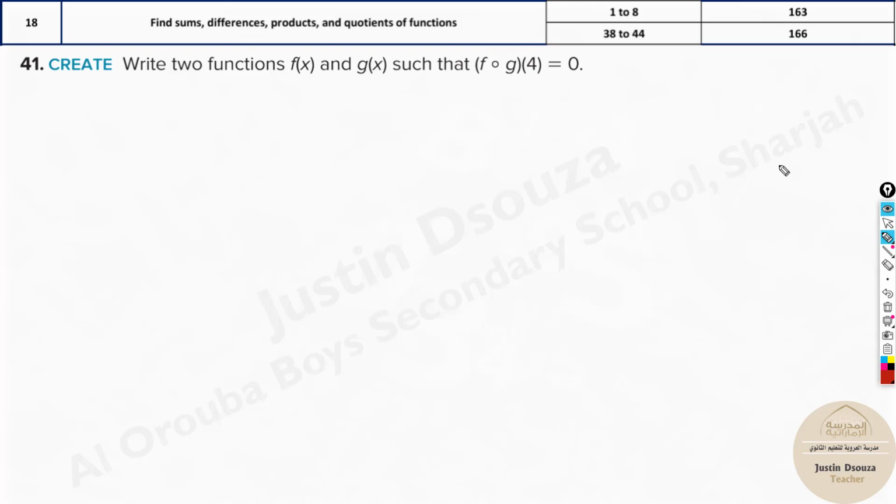Now we have an interesting problem here. They have told us to write two functions, f of x and g of x. Now I will take a random function, say for example x plus 2, and over here I'll just take x minus 2. I'm not sure whether this will satisfy this, but anyways, we need to find the composition.